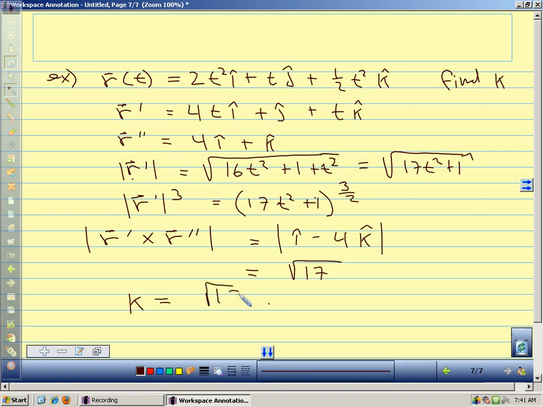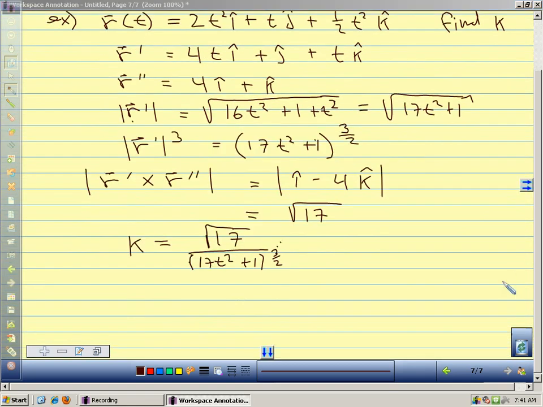Square root of 17 divided by 17t squared plus 1 to the 3/2. There we go. So there's our curvature. So at any time t, we can find our curvature, and we can also find our radius of curvature.